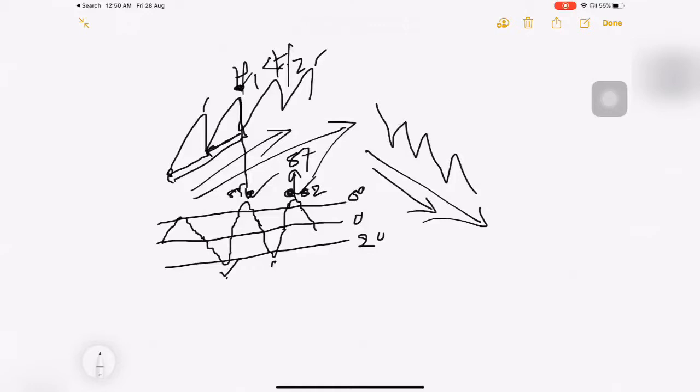It remained at 82. So there is a mismatch between the actual chart and the RSI. This is called a divergence.